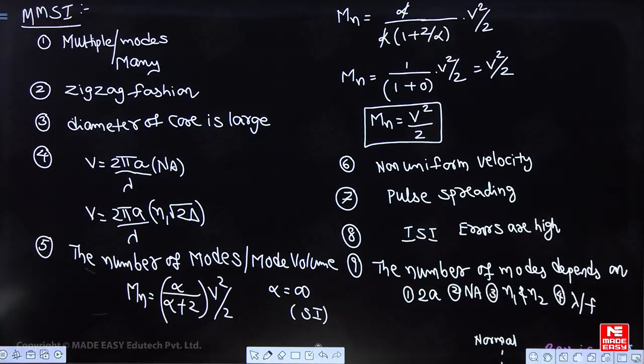Next point. The light rays that strike the core-cladding interface at an angle less than the critical angle enter the cladding and are lost.